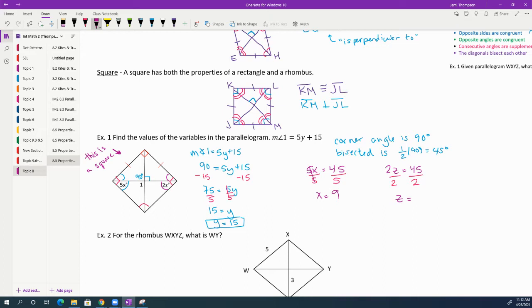Let's just let the decimal be there. This will give me 22.5. Sometimes when we get decimals, we want to double check our work, right? Like, is that wrong? Am I allowed to get a decimal? Decimals are fine. In fact, you're going to get decimals multiple times in this lesson.